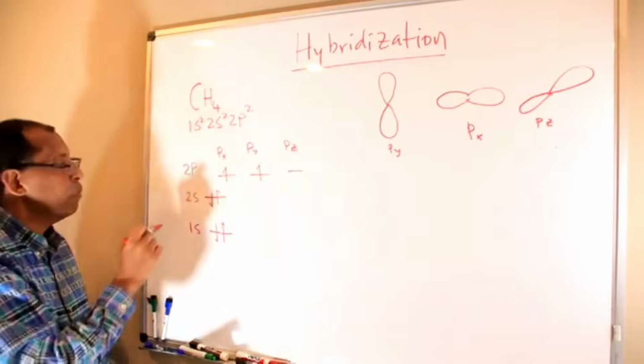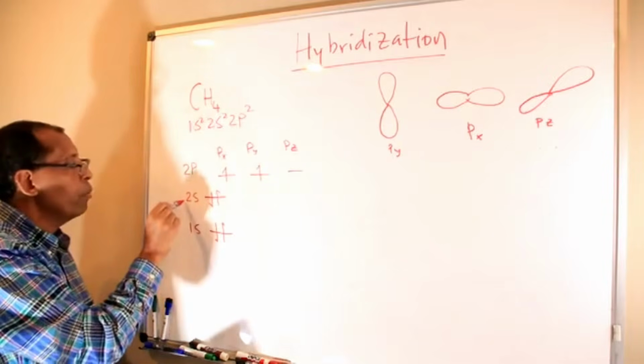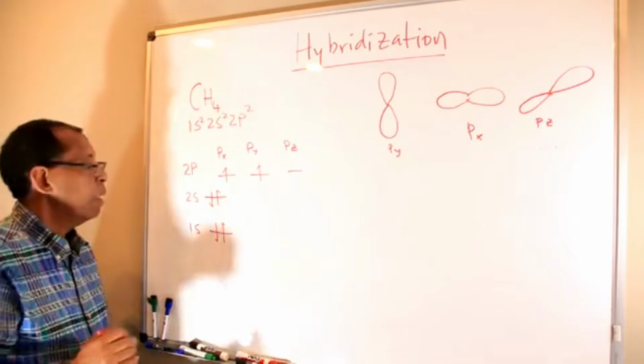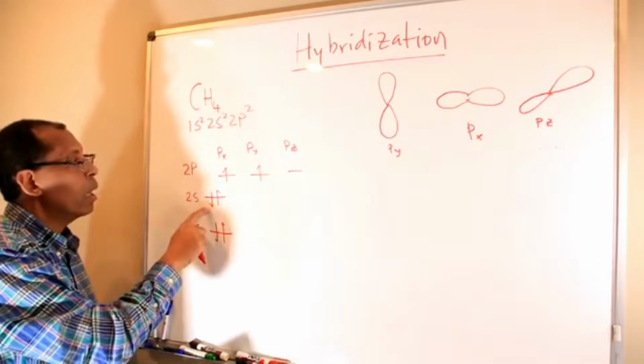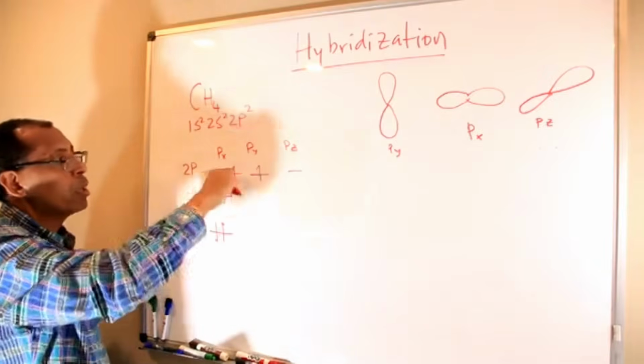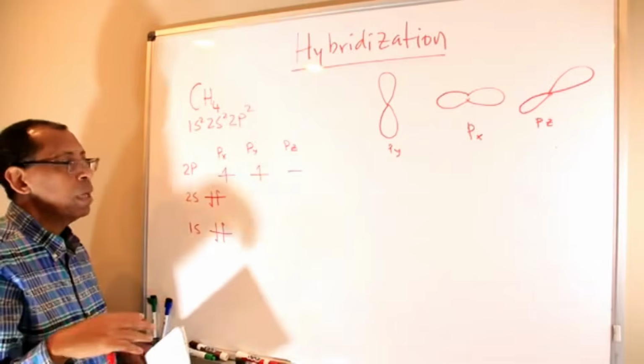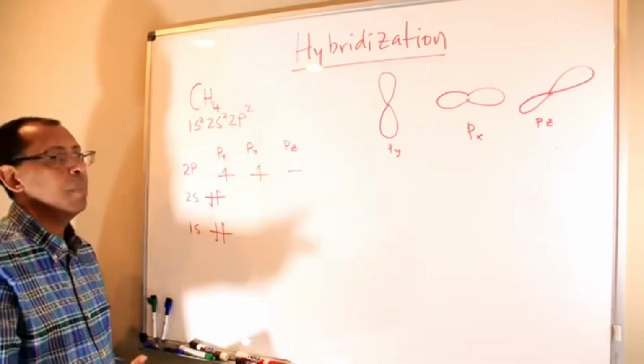That means if we make a hybrid of an s and a p, if you take one of the s and hybridize it with the 3 of the p orbitals, you would make sp3 hybrid orbitals.